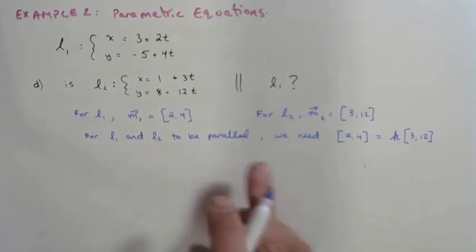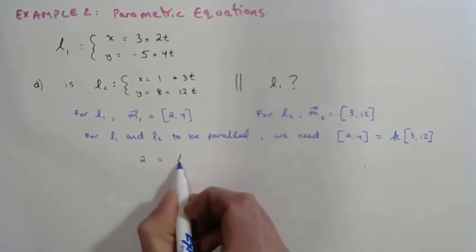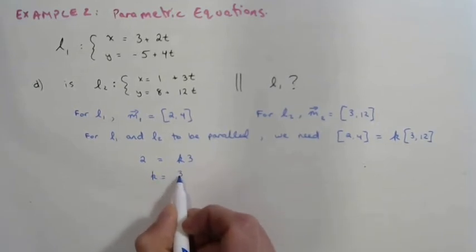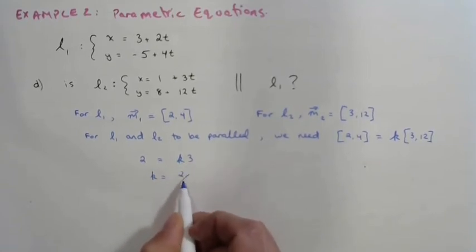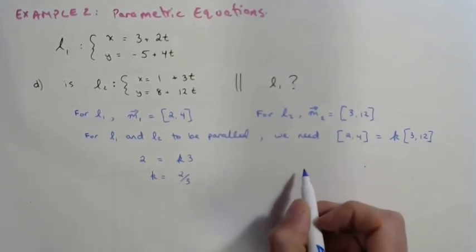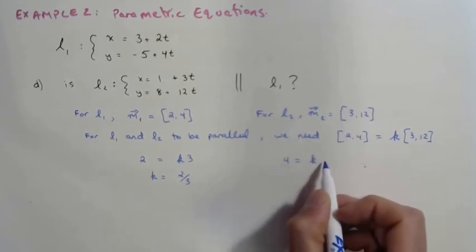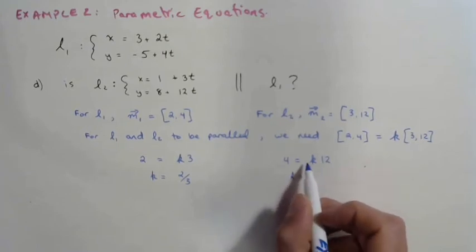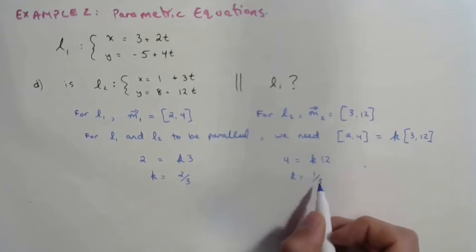So for our x components, we're saying that there has to be some scalar multiple that will get 3 to equal 2. In that case, k would be 2 over 3. And for our y component, there needs to be some scalar multiple that I can multiply by 12 to get to 4. In that case, divide both sides by 12. That's going to give me 4 over 12, which is 1/3.